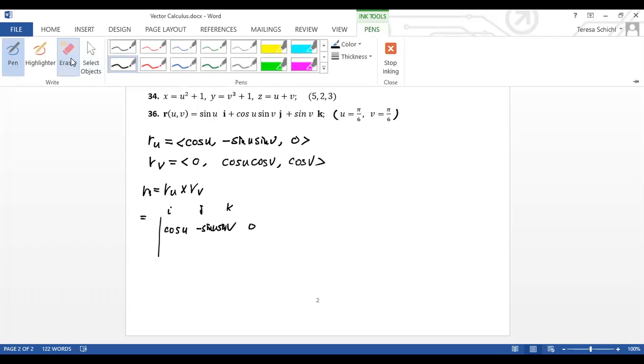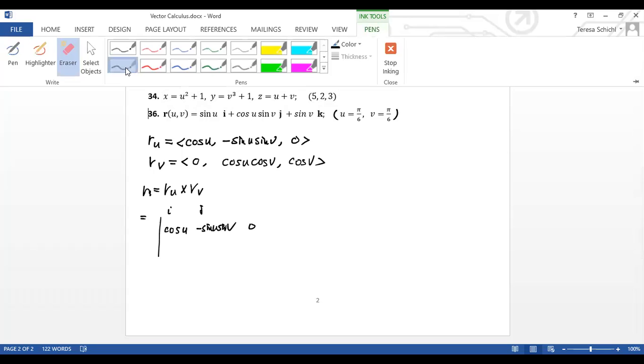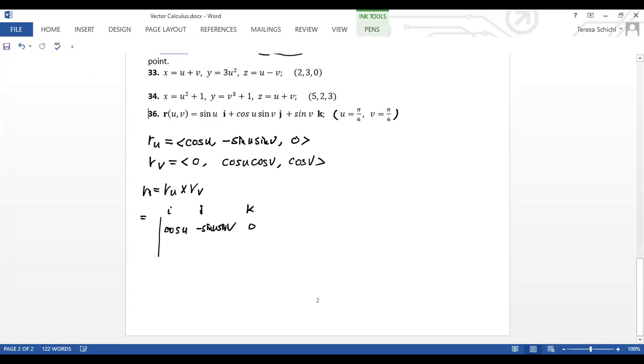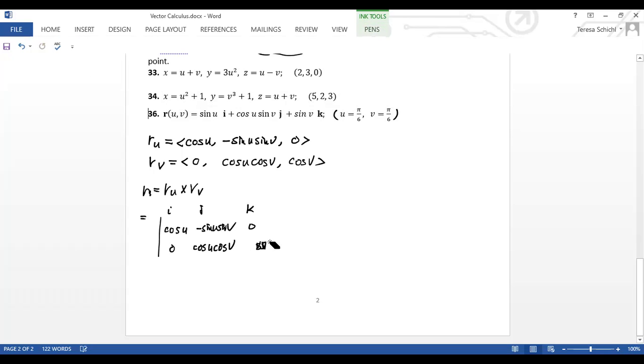Then r_v is 0, cosine u cosine v, and cosine v.